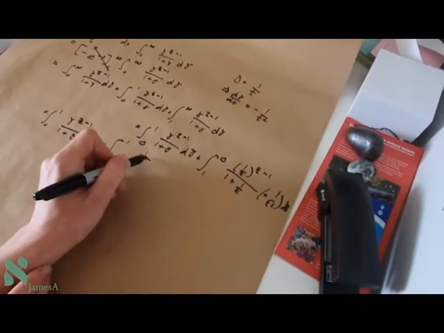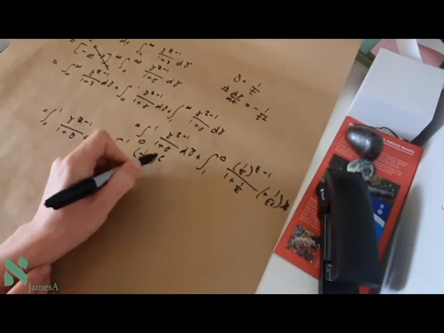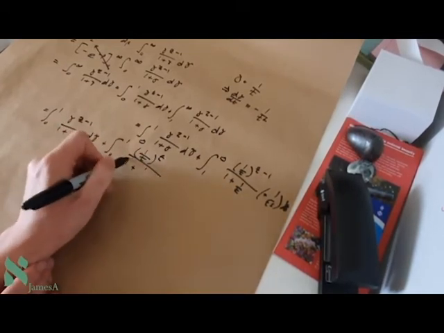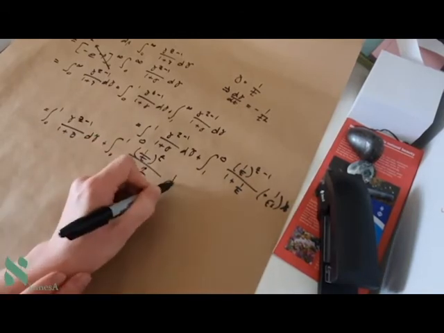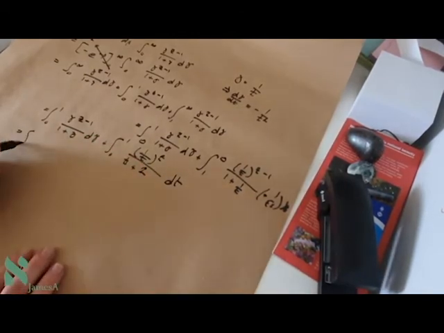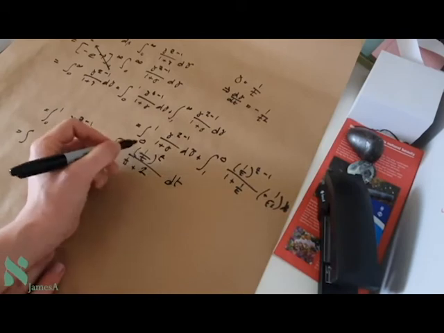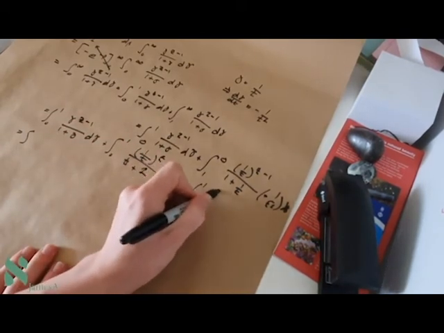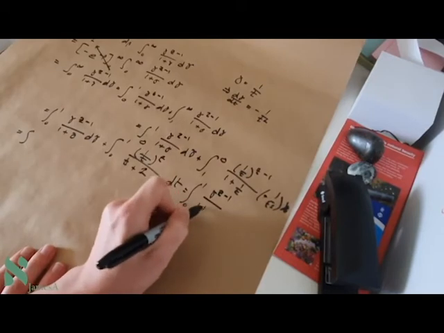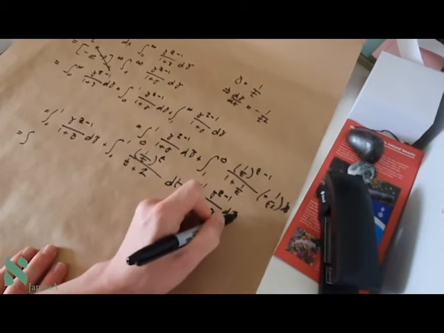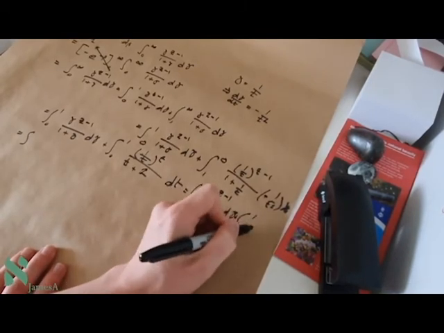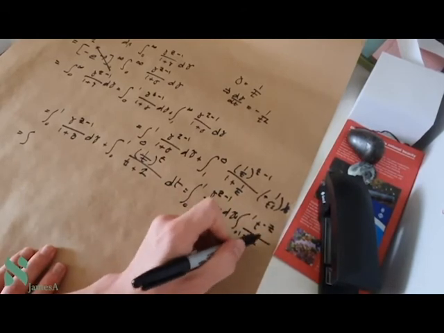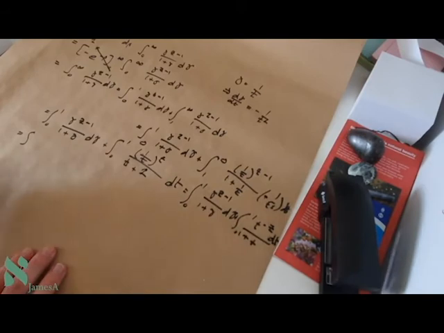So you've got 1 over t to the z over 1 plus 1 over t, which is then 0 to 1 of gamma to the z minus 1 over 1 plus gamma d gamma plus the integral from 0 to 1 of t to the negative z all over 1 plus t dt.